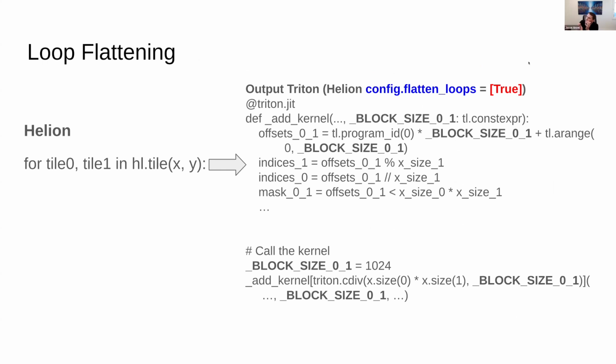So we basically collapse the 32 by 32 block into a flat 1024 block. This transformation results in a lot of changes to the output code, because now you have just a single block size that you still need to thread through your program and then do different math based on it. And this is just a single Boolean change in the Helion configuration.